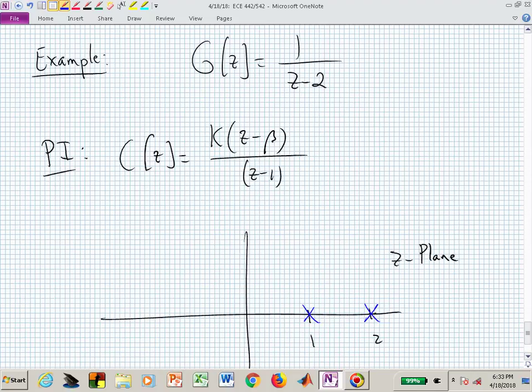Is that a good idea? What would that force? If you put your 0 between 1 and 2, do you see that that branch of your root locus is always outside the unit circle? You're stuck. That's not a good place to put your 0, is it?